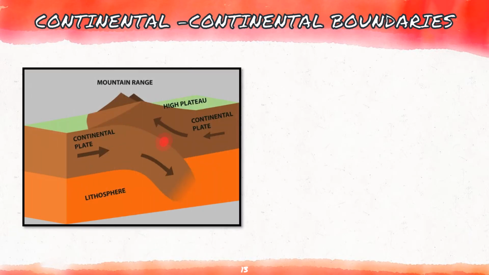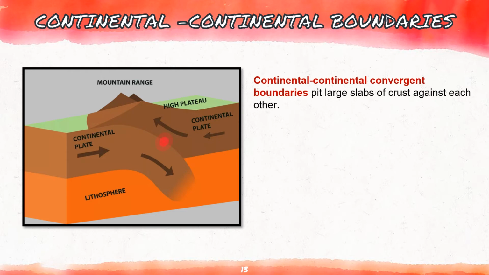We have here also the continental to continental boundaries. As you can see in the illustration, if two continental plates converge, there is a formation of folded mountains or chains of mountains. Continental to continental convergent boundaries pit large slabs of crust against each other.